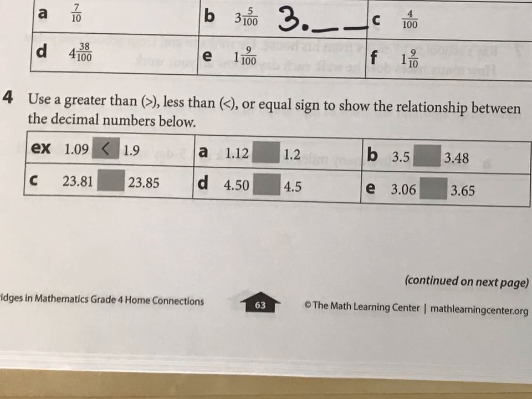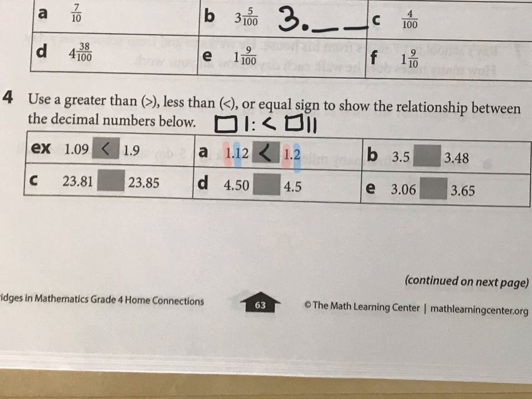Here we're comparing, okay? And what you need to do is look at each place value to compare. So if I look first at the ones place for A, same. Then I'm looking at the tenths place, and there are more tenths over here. You could also draw these like we've done before, and it's clear that that is larger.